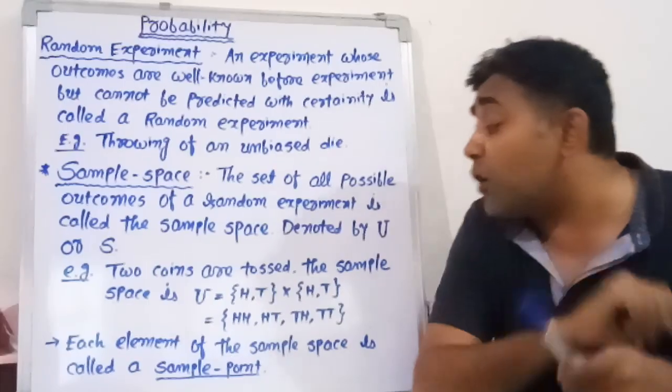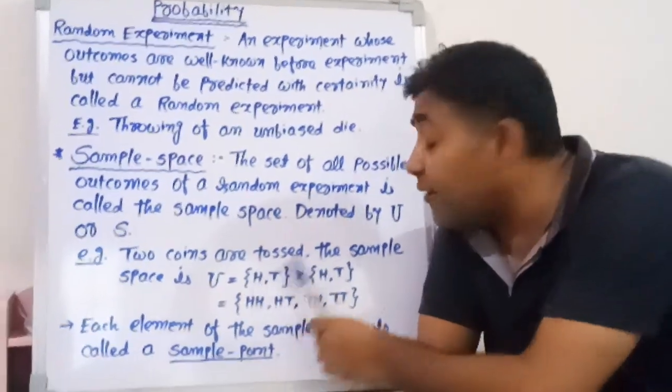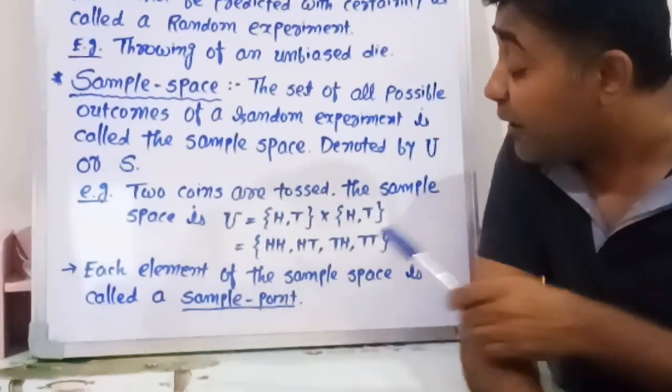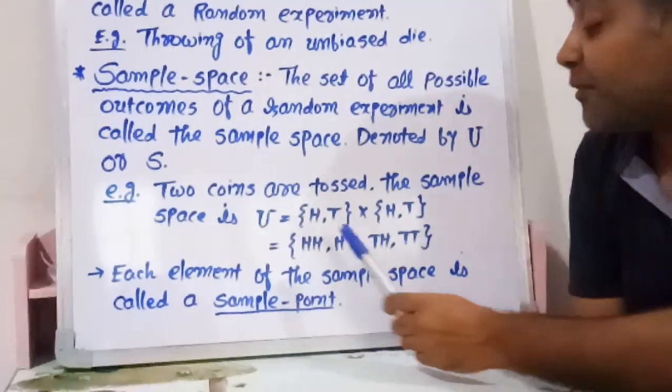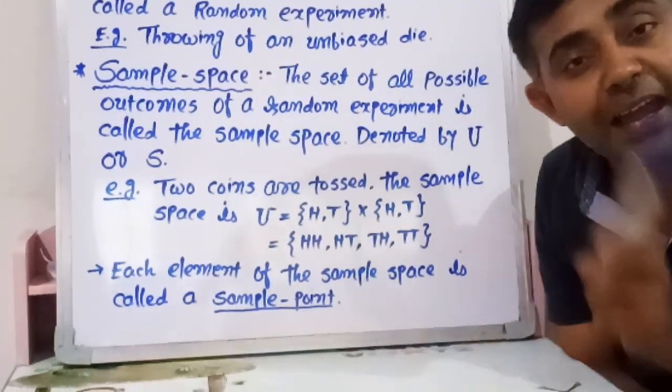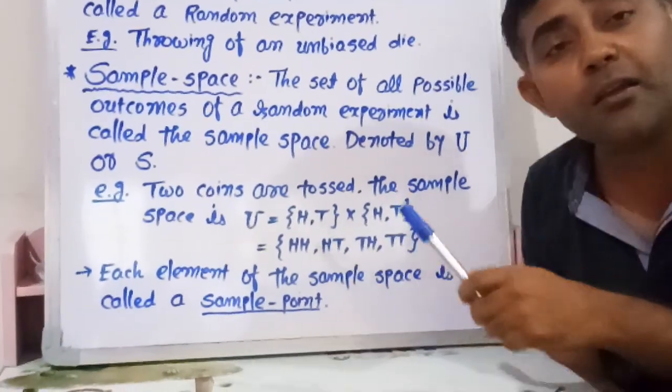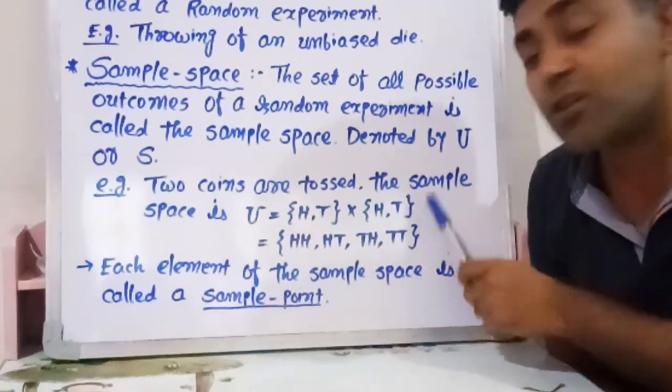Remember that. The number of elements is 2 into 2, which is 4. The outcomes are HH, HT, TH and TT.